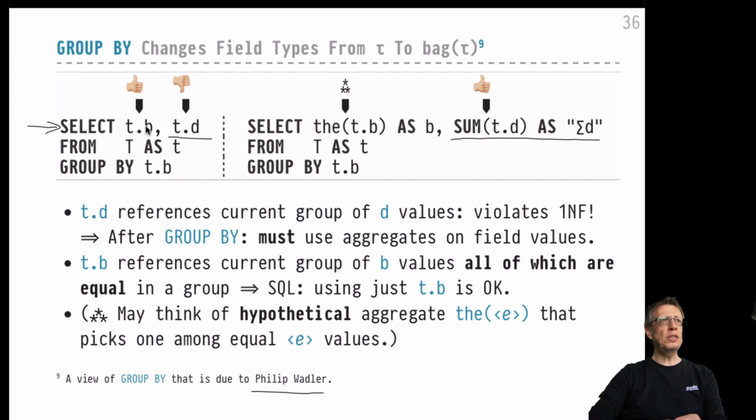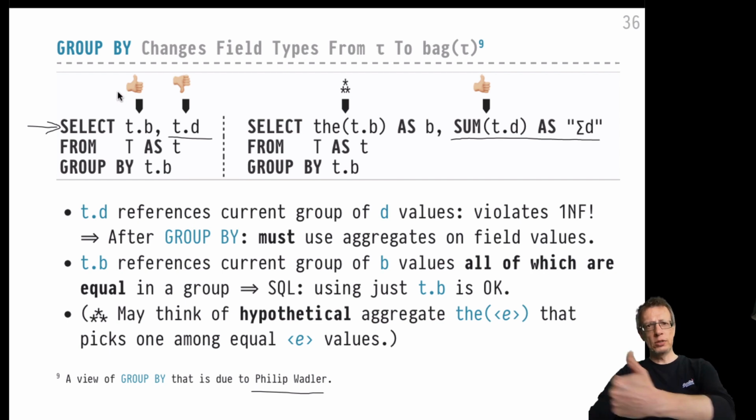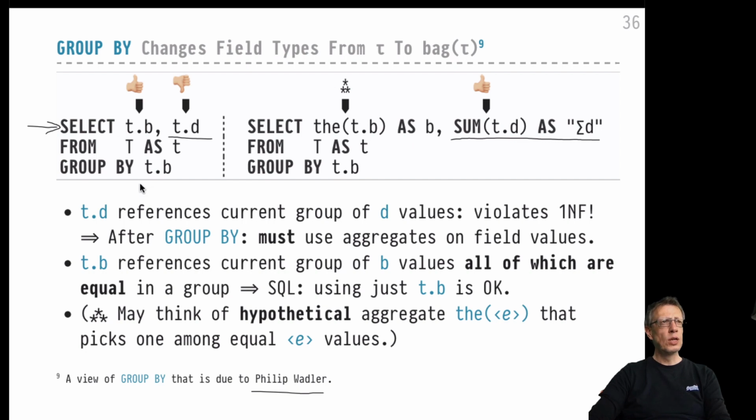What about the TB here? The TB has gotten a thumbs up from me, and it's not aggregated, so what's the deal? The deal in this case is, well, we are grouping by TB. We are grouping by TB, so by definition, inside the group, the TB value for all rows is the same. That's the grouping criterion. All rows in a group agree on their TB value.